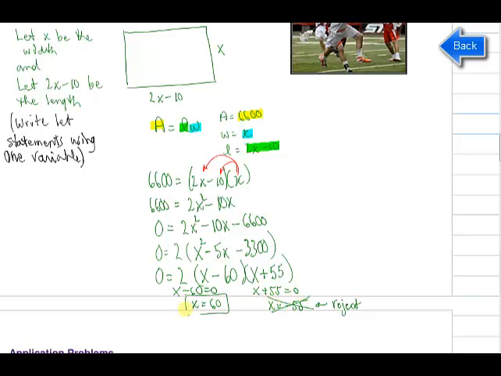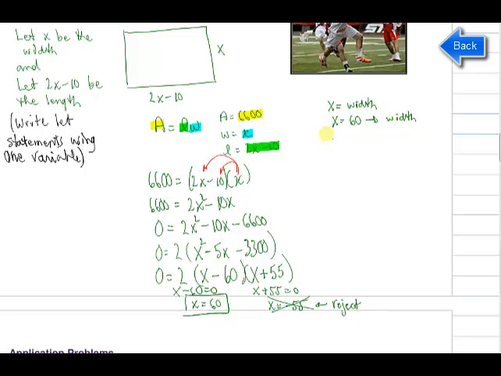We keep the 60, and we need to find our length and our width because we've been asked to determine the dimensions of the outdoor lacrosse field. Okay, so we know according to our let statements that x is equal to the width, and so our width is 60.